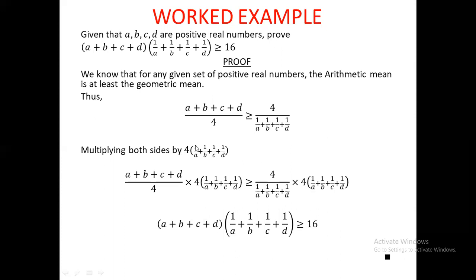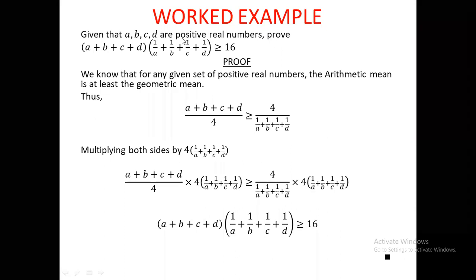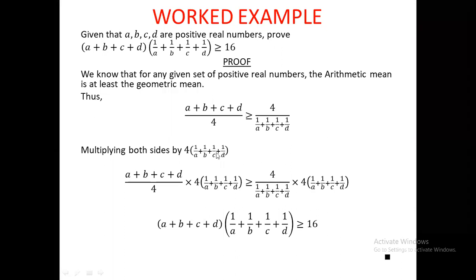And we know that since A, B, C, D are positive real numbers, definitely their inverses are equally positive real numbers. The sum of their inverses would also be a positive real number. So 4 times, bracket open, 1 over A plus 1 over B plus 1 over C plus 1 over D is a positive real number. And so multiplying both sides by it will not change the inequality sign. That's very, very important.